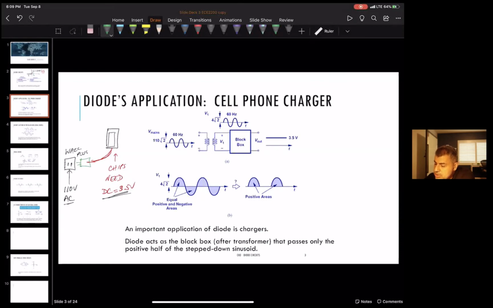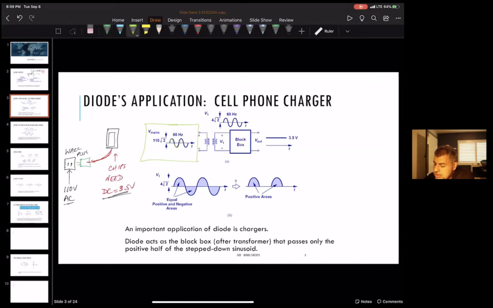Okay, so this is another drawing of this. At least in the US, the plug's output is a 60 hertz sine wave at 110 volts RMS.